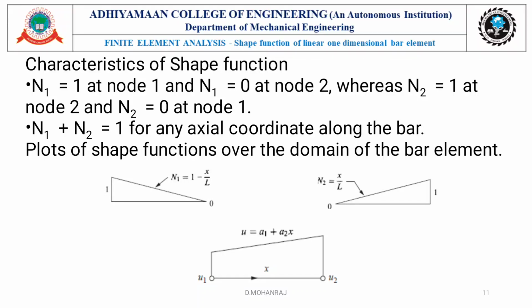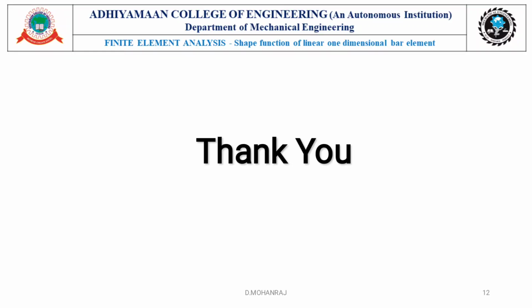So it was plotted in the first diagram, and in the second diagram at node 2 the value is 1, but at node 1 it is 0, which is represented by the shape function 2 with x by L. Whereas the third diagram shows the displacement at any point within that element, which is given by u of x is equal to a1 plus a2 x. Thank you.